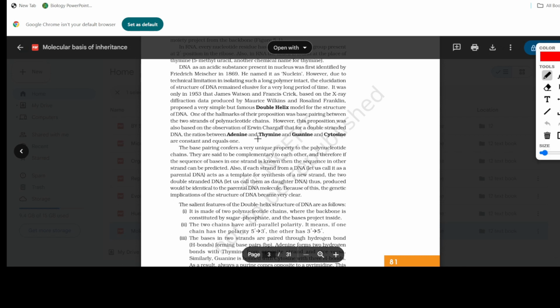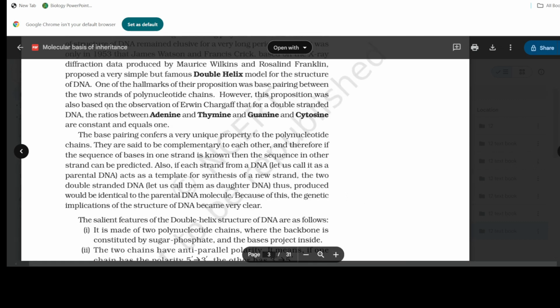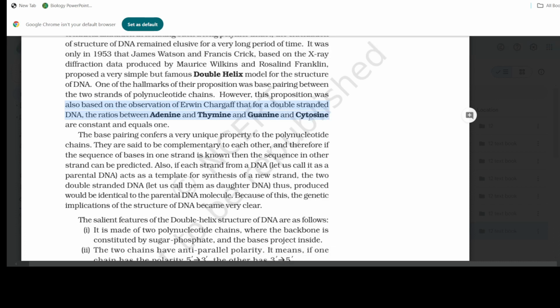It is given here, based on the observation of Erwin Chargaff, that for a double-stranded DNA, the ratios between adenine and thymine, guanine and cytosine are constant and equal to 1. So let's see how we shall work out this question based on the statement.